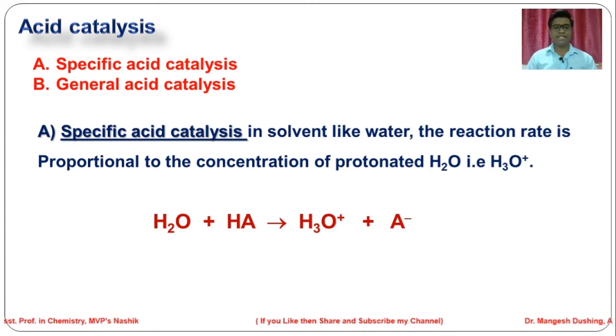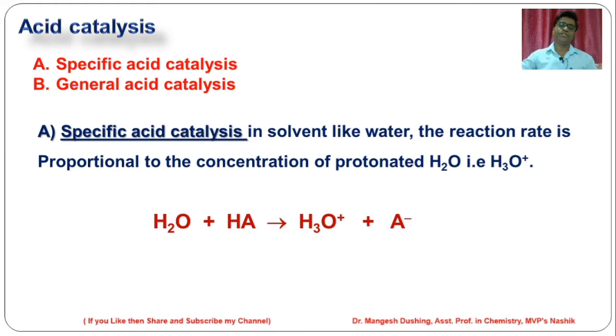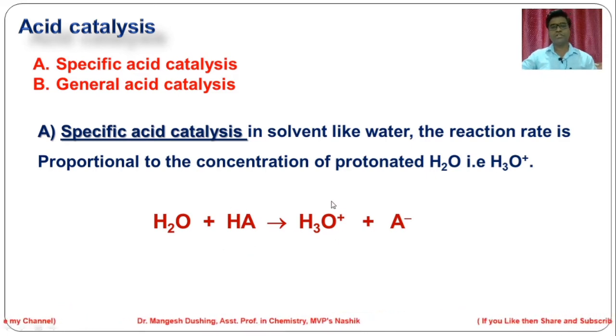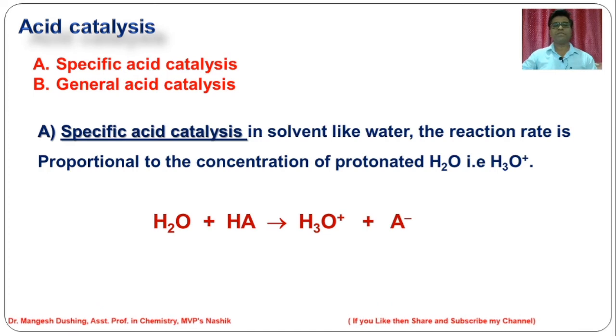In this reaction, HA acts as an acid just to shift the equilibrium to H3O plus. So the rate of reaction does not depend upon the concentration of HA, but is directly proportional to the concentration of H3O plus. Those types of reactions are called specific acid catalysis.